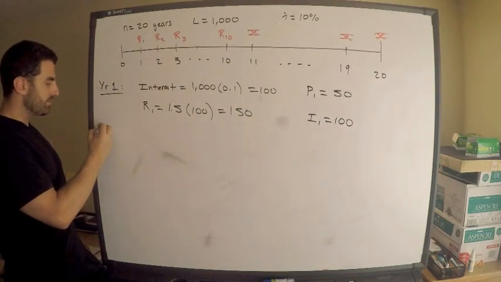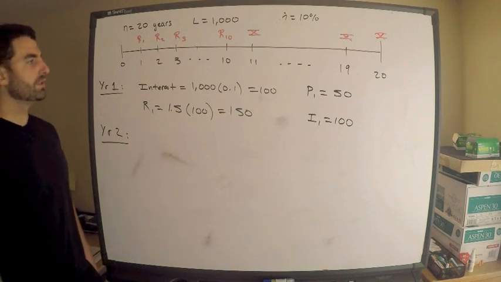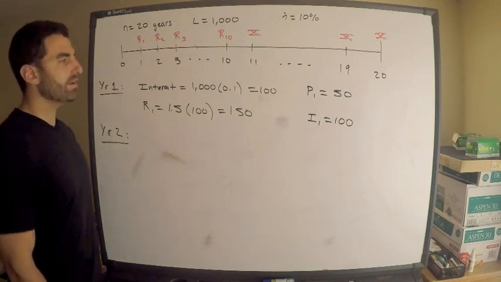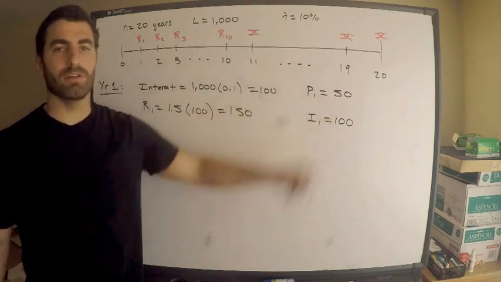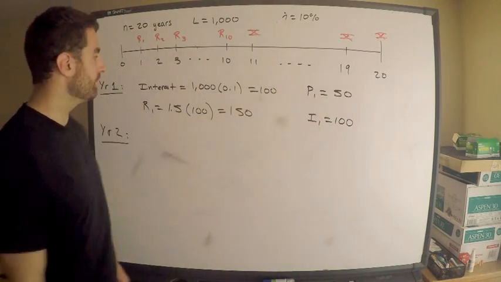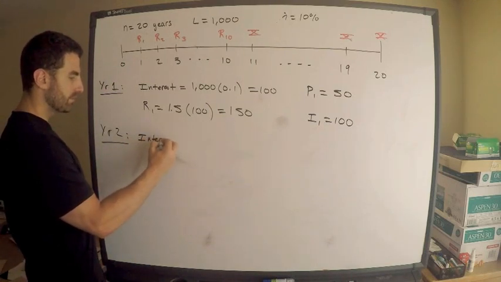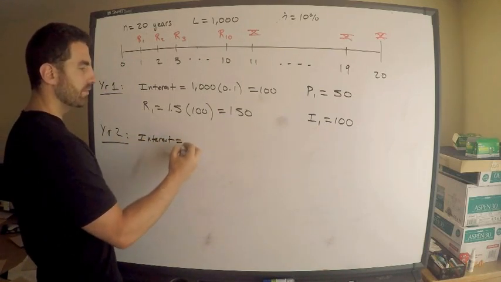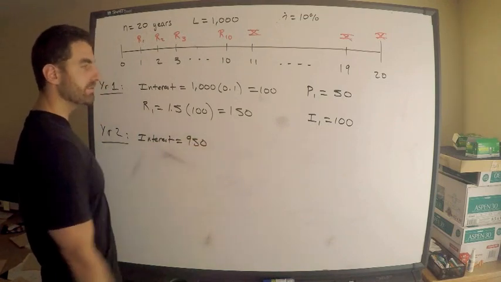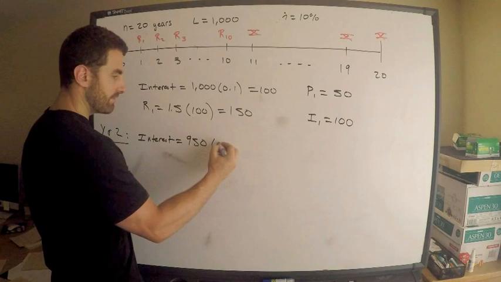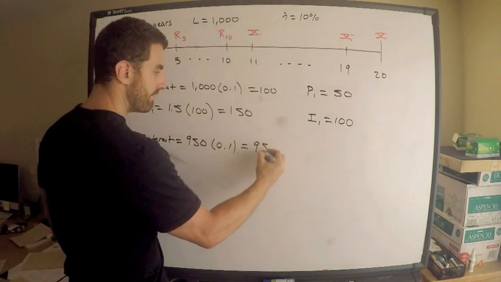How about year two? In year two, we now are not going to be still having 1,000 times 0.1, but we paid $50 towards the principal, which means the interest in year two is equal to $950, that's how much we owe still, times 0.1, which is equal to 95.